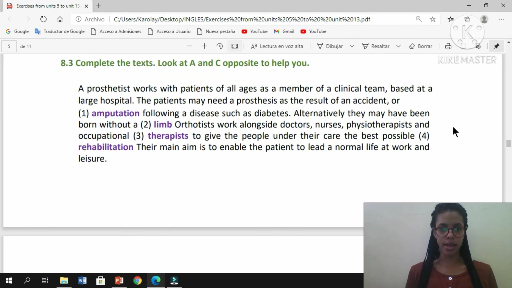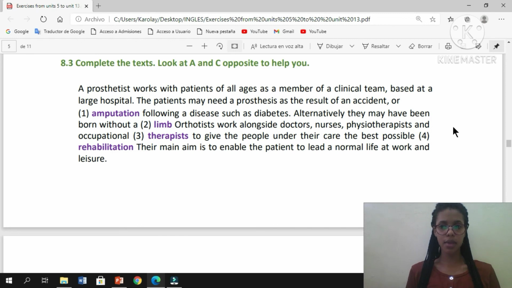Complete the text. Look at A and the example to help you. A prosthetist works with patients of all ages as a member of a clinical team. The patient may need a prosthesis as the result of an accident, or amputation following a disease such as diabetes.